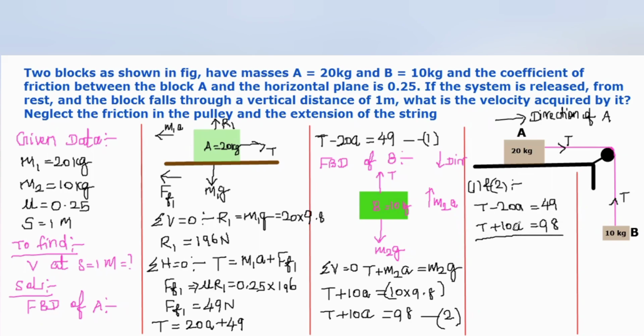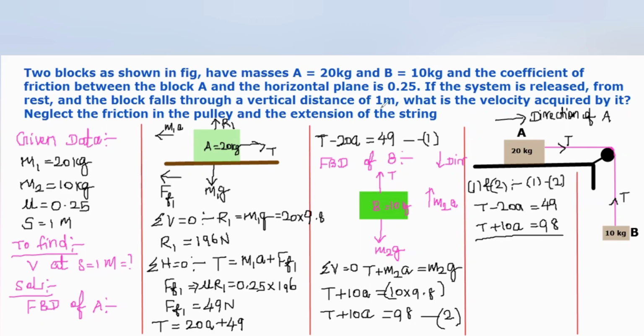I'm going to solve these two equations. It's better to first cancel this T, so we have to subtract equation 2 from 1, that is 1 minus 2.